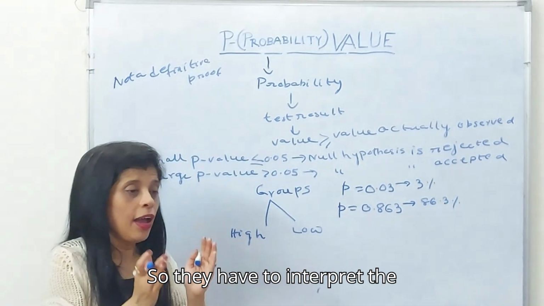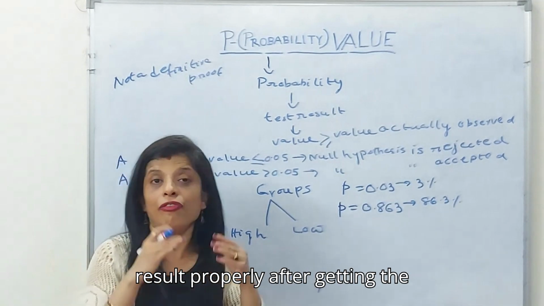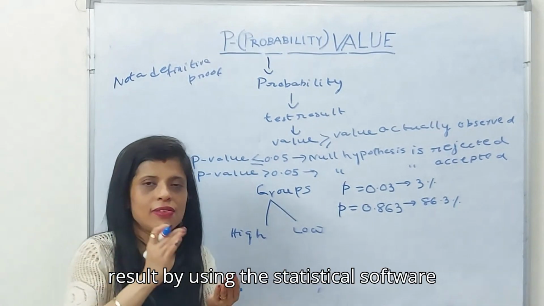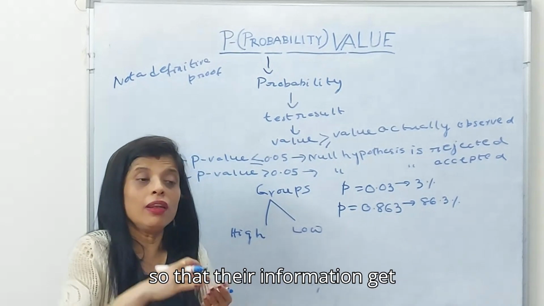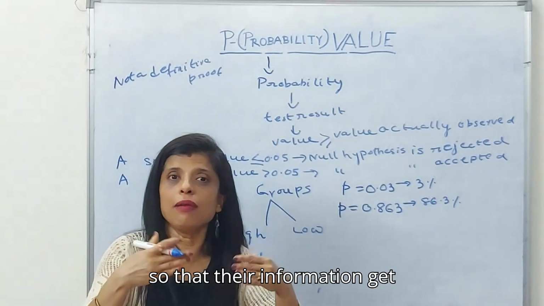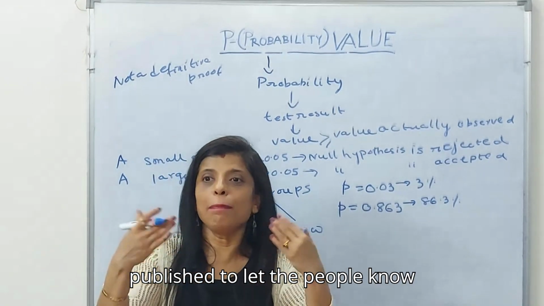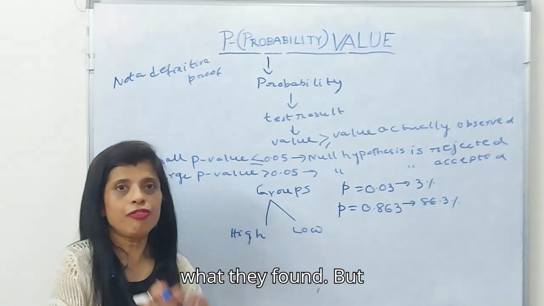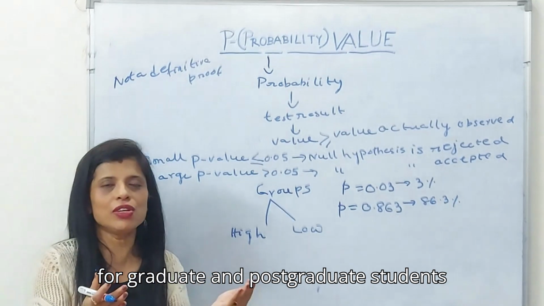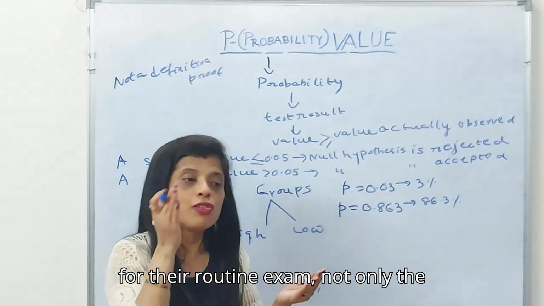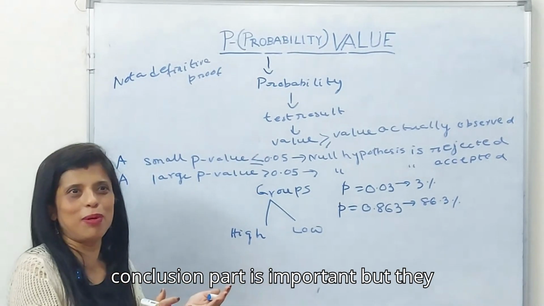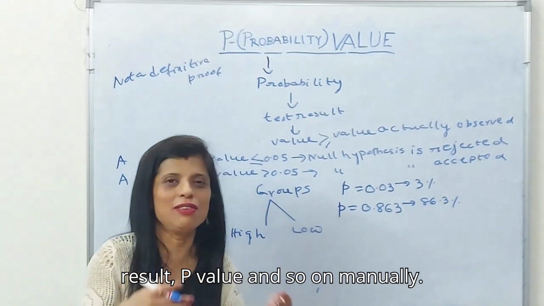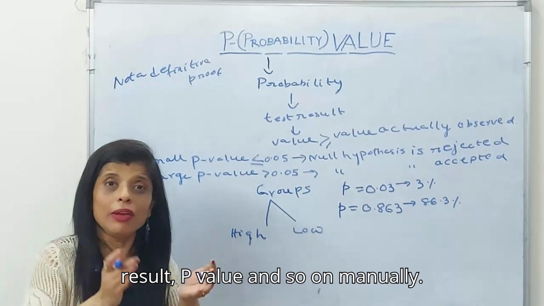So they have to interpret the result properly after getting the result from the statistical software, so that their information gets published to let people know what they found. But for graduate and postgraduate students, for the routine exam, not only the conclusion part is important, but they have to know how to calculate test results, p-value and so on manually.